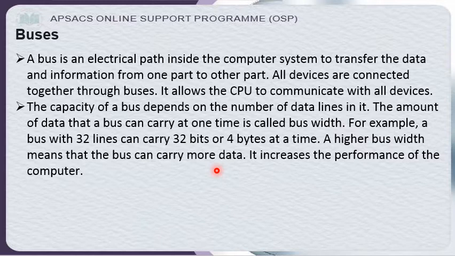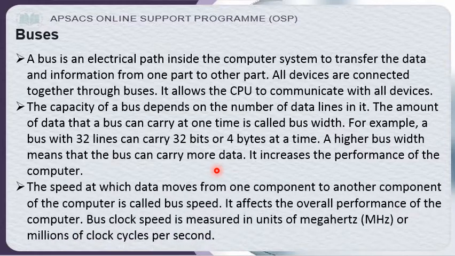If the width of the bus is high, then the performance of your computer will be faster. If it is 32-bit, its speed will be slower, but if it is 64-bit, your speed will be faster. The speed at which data moves from one component to another component of a computer is called bus speed. So one is the number of bits, and another is at how much speed the data moves on these lines.